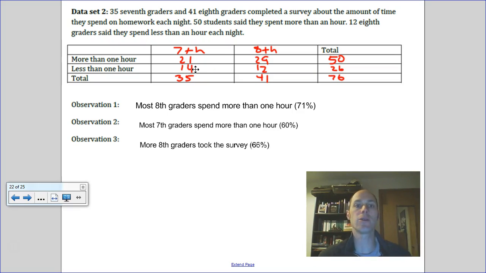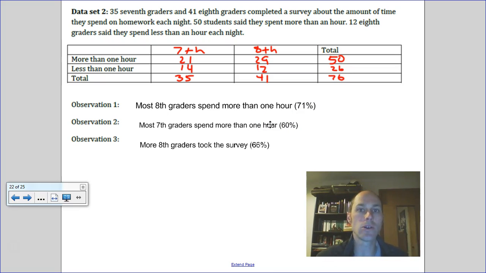3 observations I had were, well, the overwhelming majority spent more than an hour. If I looked individually, 71% of the total of 8th graders spent more than an hour. 60% of the 7th graders spent more than 1 hour, so a greater percentage of 8th graders as compared to 7th grade, but overall they were all majority spending more than 1 hour.